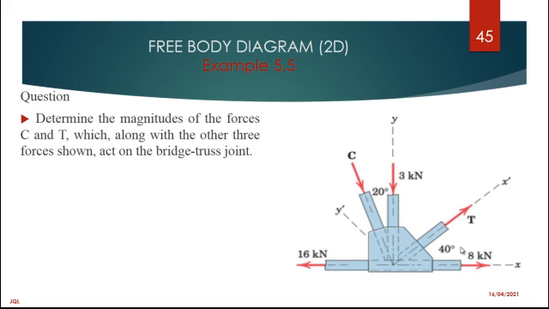The first thing that we do, we need to analyze which system of axes is easier. Is it the xy or the x prime y prime? It doesn't matter. You can solve this problem by using either the x and y or the x prime y prime.